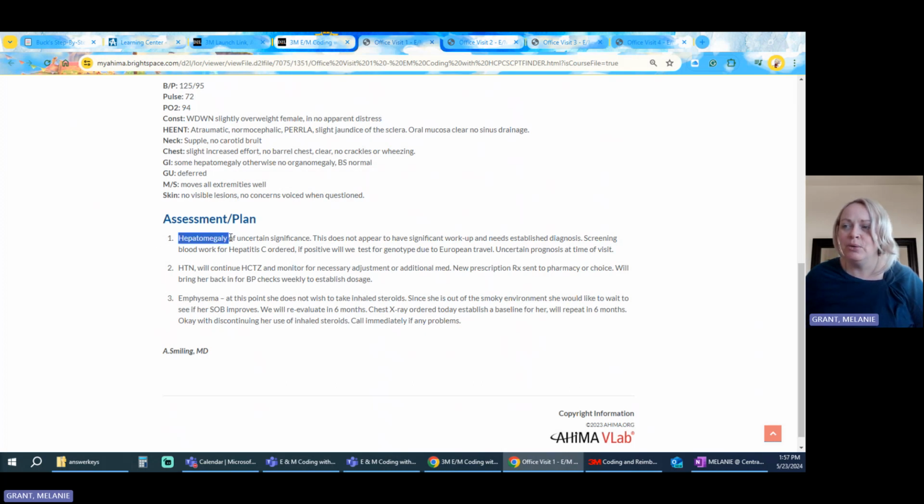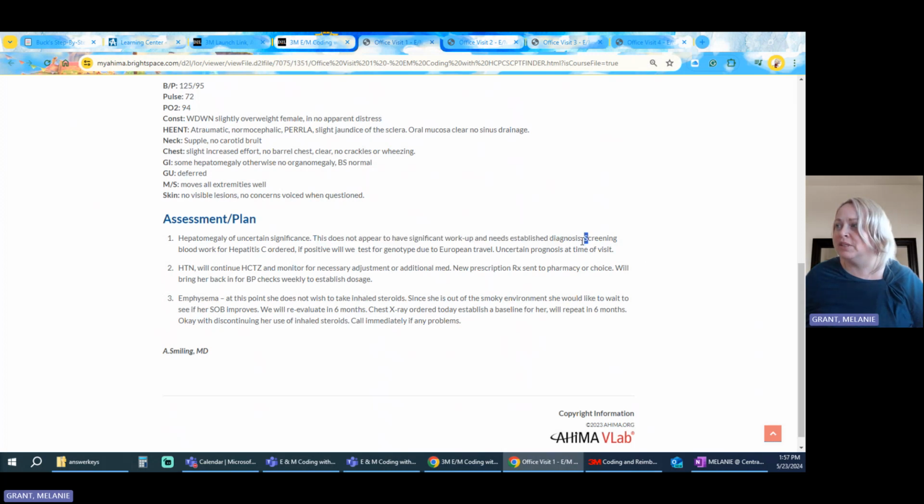Hepatomegaly, we know that they documented hepatomegaly under GI, but if they had said none, that's an area where a coder should question. It's of uncertain significance, so we don't know if that's important or not. It does not appear to have significant workup. It needs an established diagnosis. So they're saying, I don't know what this is, I need to do some workup to find out.